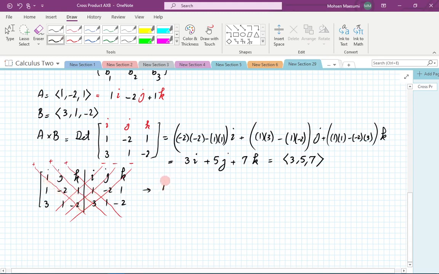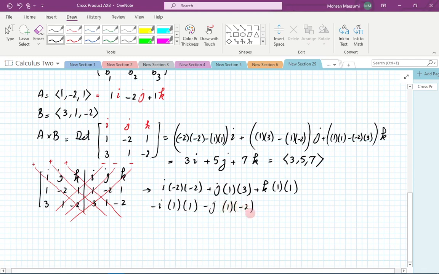So let's write it. i (minus 2 minus 2), j (1 3), k (1 1), going backward, minus i (1 1), minus j (1 minus 2), and minus k (minus 2 3). I put everything in parentheses so we don't make a mistake.